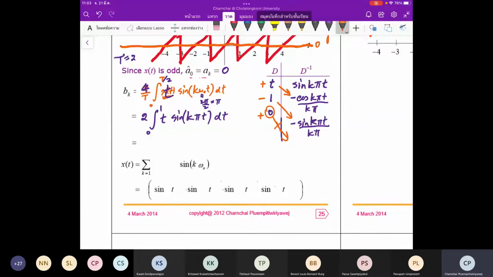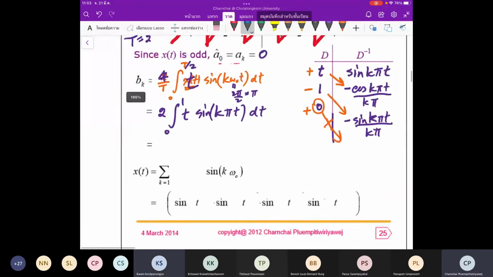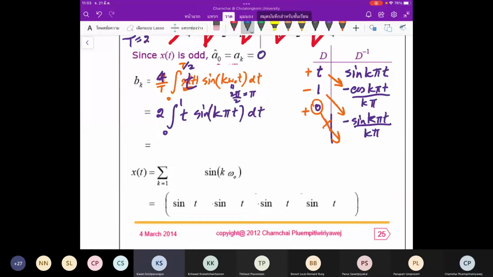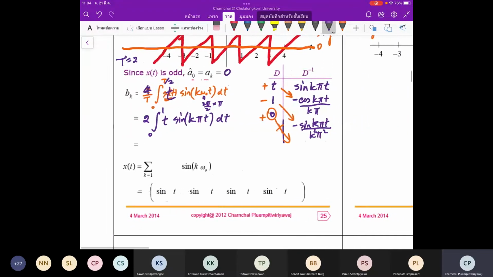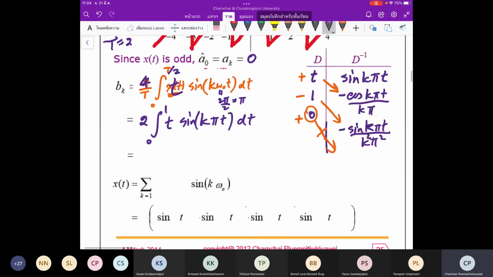Professor, should the denominator of the last term be k pi squared? Oh yes, k pi squared, thank you, for the second integral. Okay, so these 2 have nothing to do with integration by parts, so it's outside the parentheses.